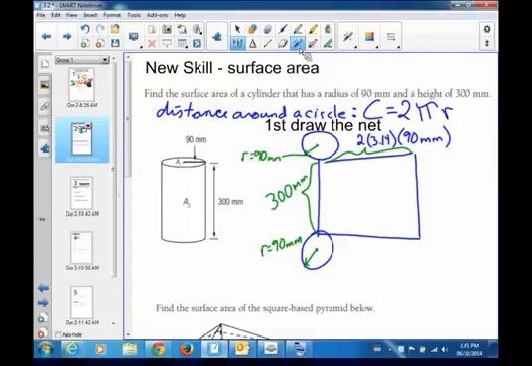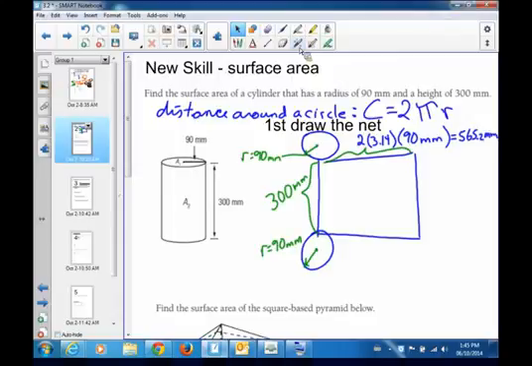I get 565.2. I'm not going to keep the decimal. I'm just going to say 565. I said I wouldn't, but I will keep that.